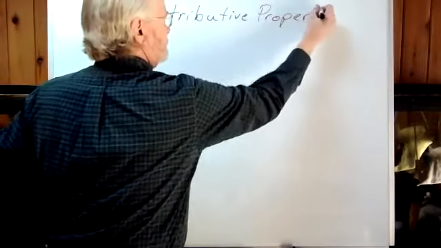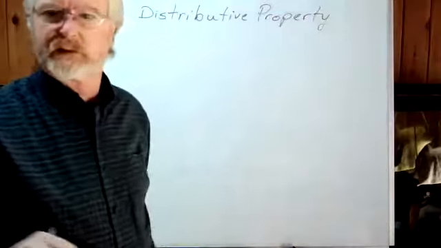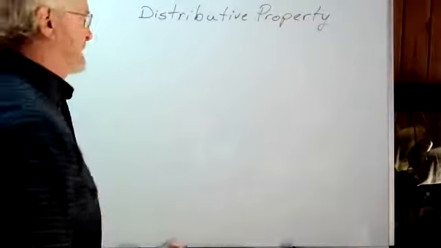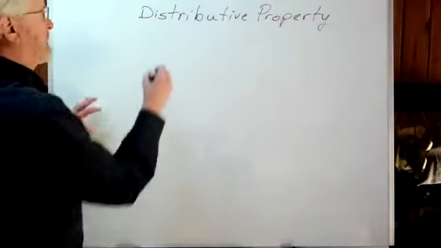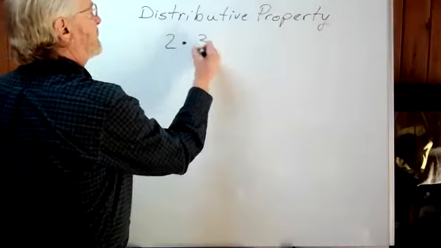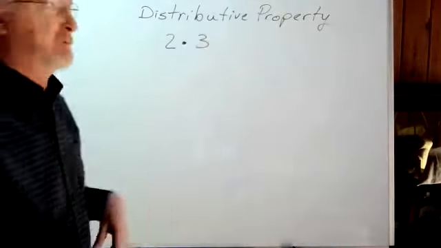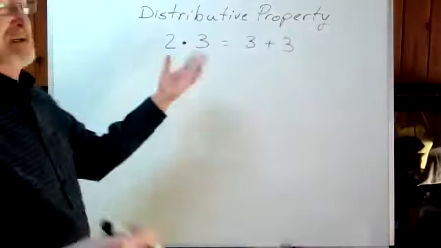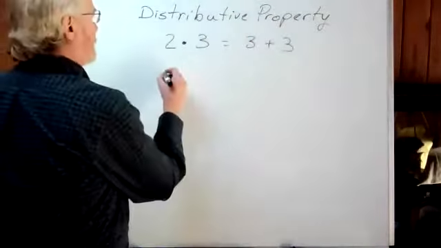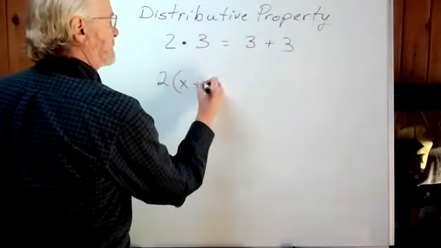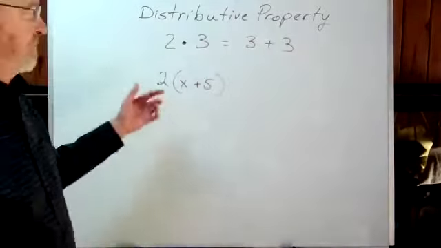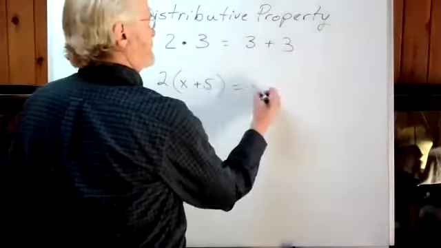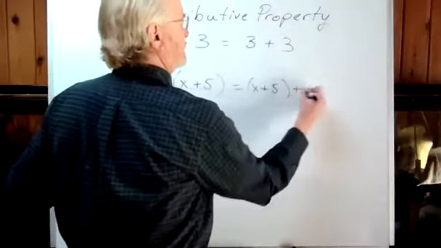And it's really understanding sort of a shortcut that we get to do with our order of operations in some sense. So just to build it up, if I have a number and I multiply 2 times 3, remember multiplication is just repeated addition. So that means I have 2 of these, I'm adding them together. Right? Well, if I'm doing the same thing with an expression, 2 times this expression, that means I have 2 of those expressions that I'm trying to add together.